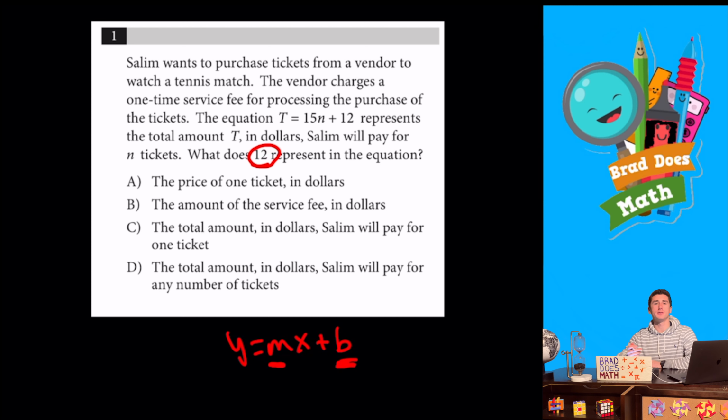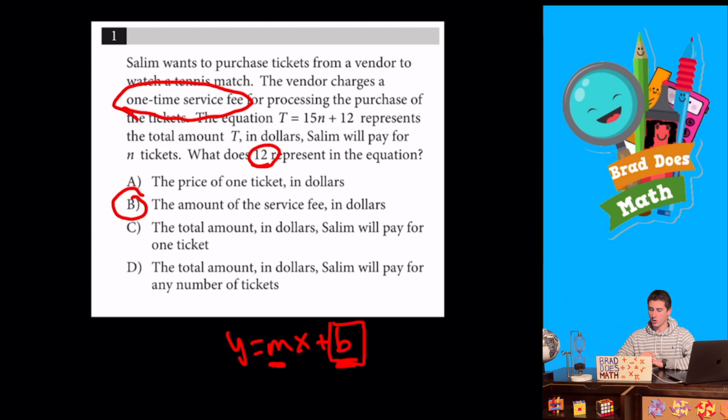I always tell my students that the y-intercept is your starting point, or your initial value. And then your slope is your rate of change, which means it's your increase, your decrease, or just some sort of change. So in this case, the y-intercept, your initial thing, is your initial cost, meaning your one-time service fee. So the 12 is the amount of the service fee.